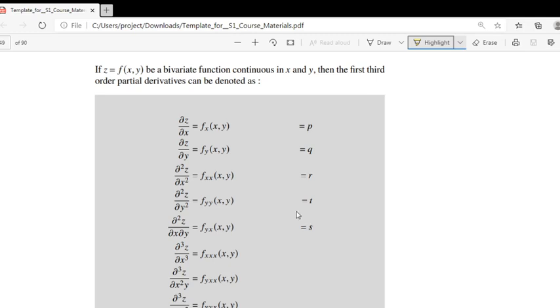The usual notations are dou cube z by dou x cube, or f x x x. Remember, in the suffix notation we start differentiation from the left end, first with respect to x, then with respect to x, then with respect to x. In the second notation, dou cube z by dou x square dou y, first we differentiate with respect to y, then with respect to x two times.